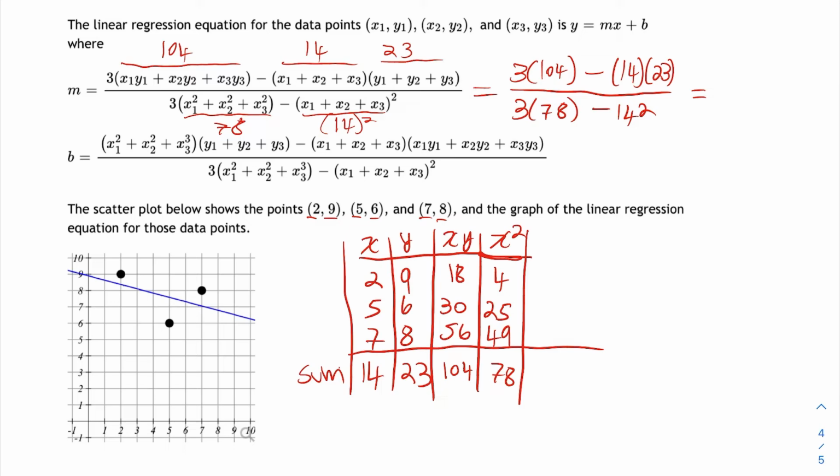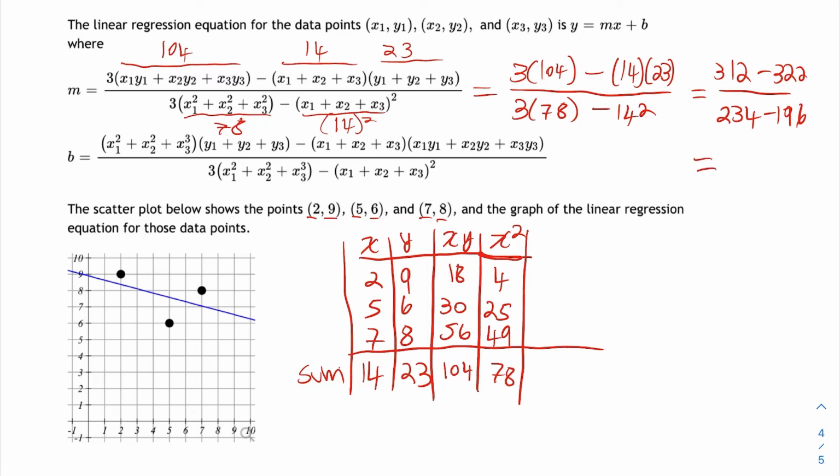Alright, so we get some numbers there. 3 times 104 is 312. 14 times 23 is 322. 3 times 78 is 234. And 14 squared is 196.